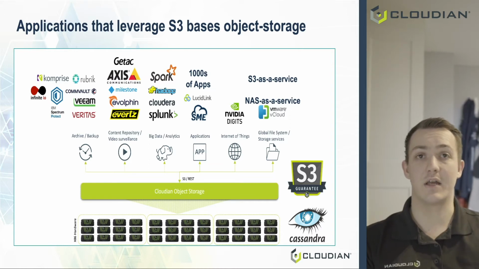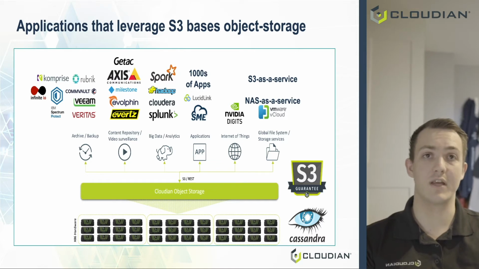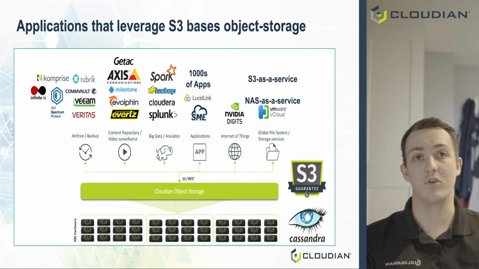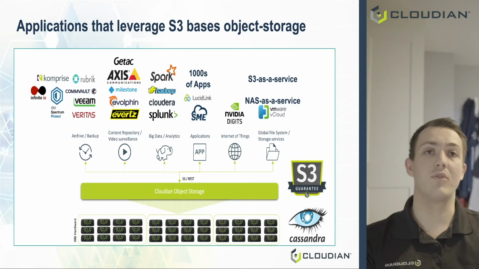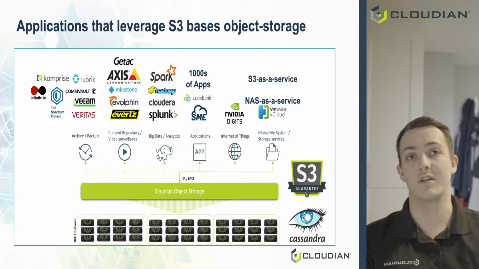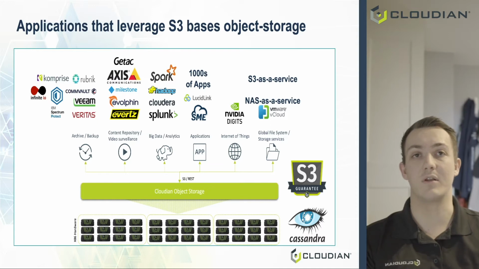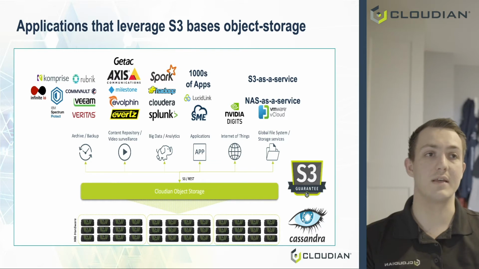Big data and analytics is a really growing market. We see a lot more integration into object storage and a lot more use of object storage in those workloads as well. There are thousands of other applications out there that are developed to leverage object storage and are natively speaking with object storage APIs. Internet of Things, of course, is huge.